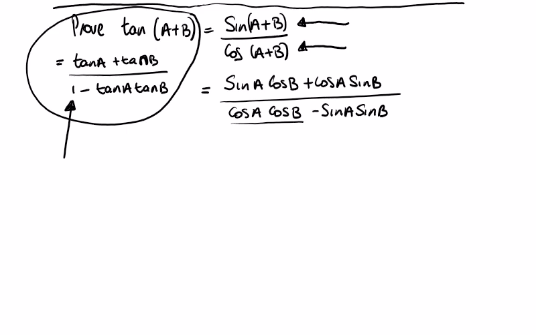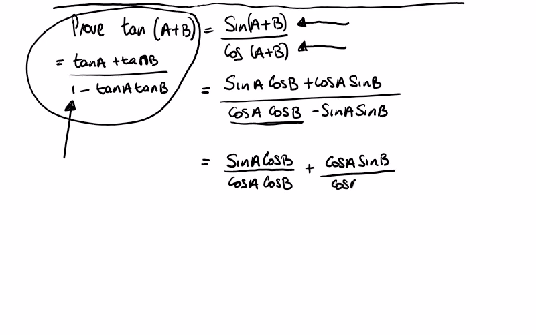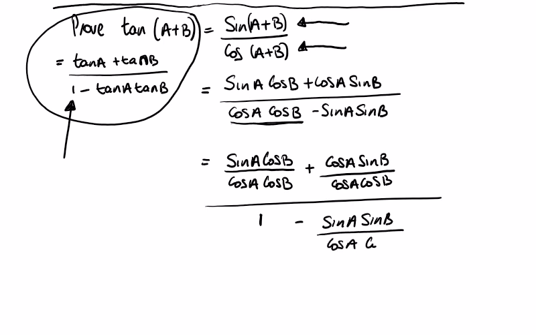We'd have to divide everything by cos A cos B. So let's write that out, dividing everything by cos A cos B. So we're going to get sine A cos B over cos A cos B, plus, still on top, cos A sine B divided by cos A cos B. And we're dividing everything on the bottom by the same, so that's just going to become a 1, minus sine A sine B divided by cos A cos B.